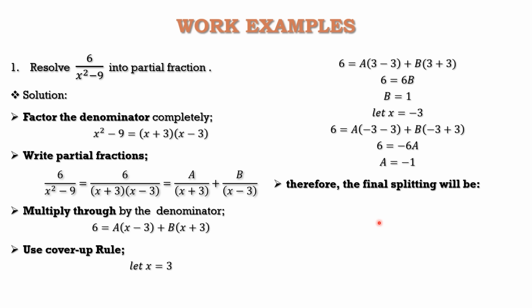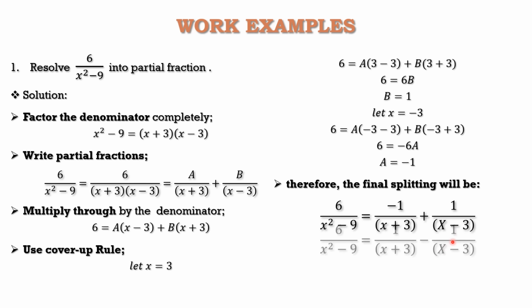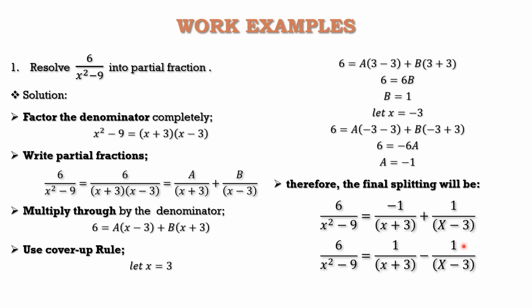Hence, we split it in this form: 6 over x squared minus 9 equal to minus 1 over x plus 3 plus 1 over x minus 3, which gives 1 over x minus 3 minus 1 over x plus 3. So this is how this particular rational fraction has been completely separated into sums of separate fractions. So here is the first example.